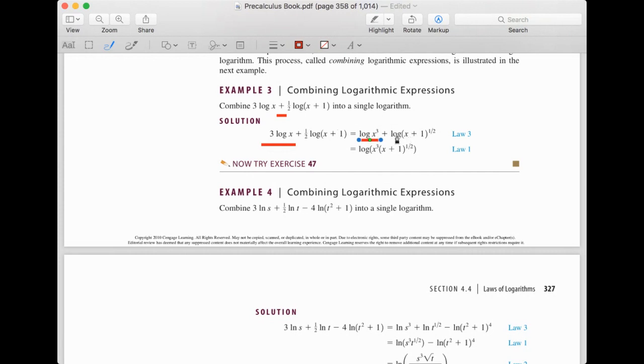So that becomes log of x plus 1 raised to 1/2. Raised to 1/2 is the square root, right? So we have an addition of 2 logs, and we can write it as 1 log as multiplication of the inside. So that becomes log of x cubed times the square root of x plus 1.